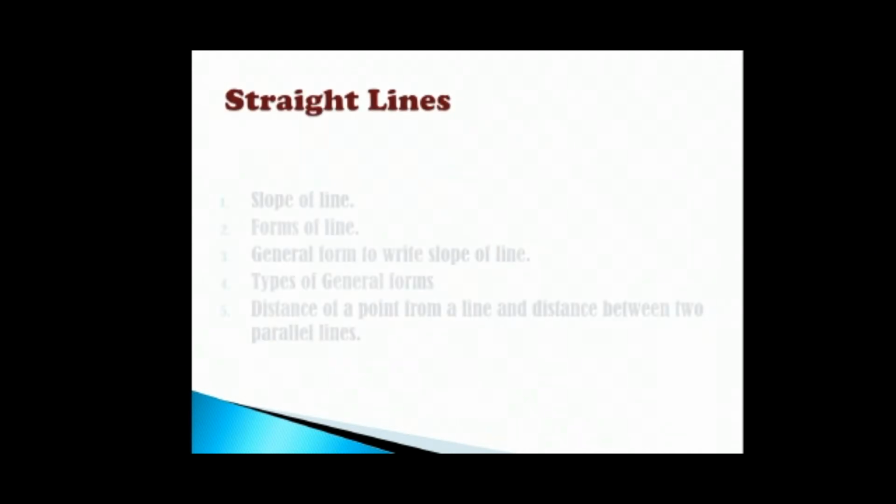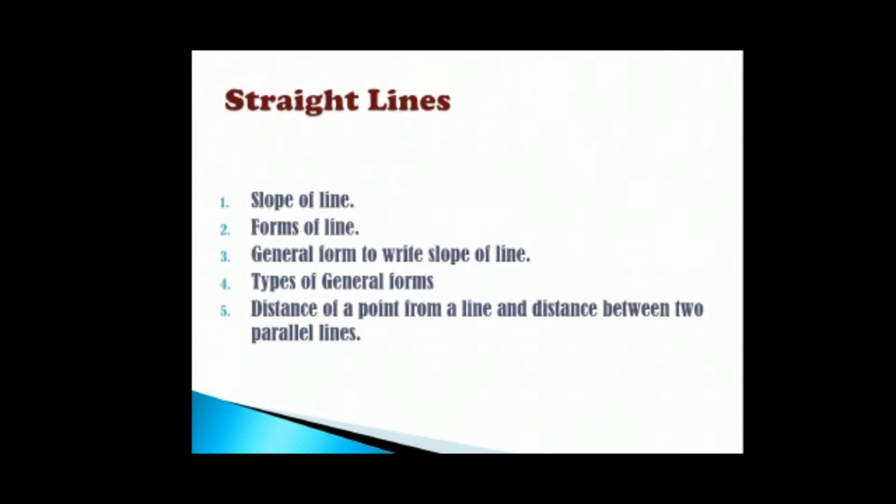In this chapter, straight lines, we are going to go ahead with slope of line, forms of line, general form to write slope of line, types of general forms, distance of a point from a line, and distance between two parallel lines.